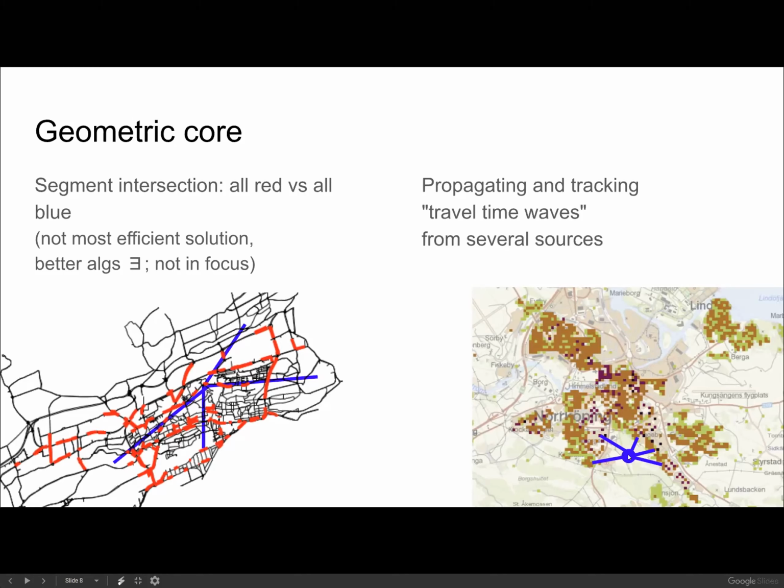So you would try to understand who can be reached, I don't know, within 1 minute from this center. Well, maybe some people living around here, if anybody lives there at all. Who can be reached within 1 minute from another center, which, I don't know, maybe is located somewhere here. Well, those are the people living here. Who could be reached within 2 minutes from that one? People living there. And so on. So you will be propagating these travel time waves, 3 minutes and so on.